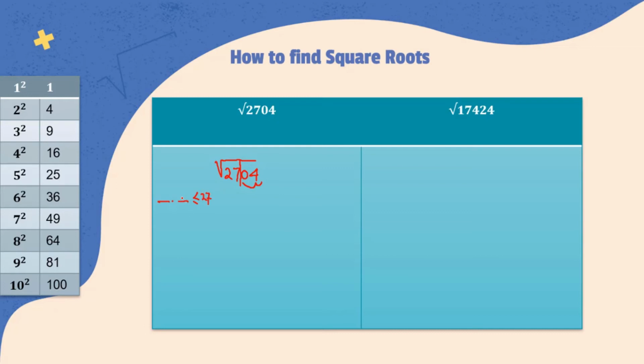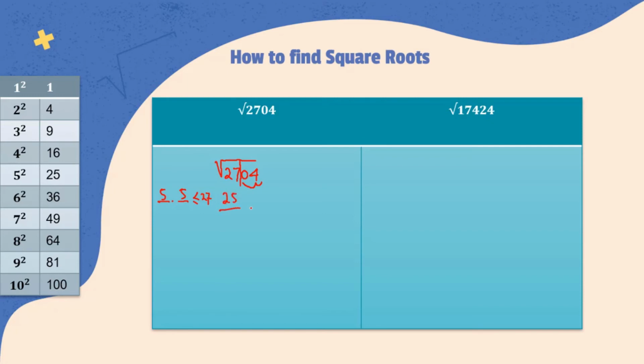What is the number from the perfect squares? It's 5, right? 5 times 5 is 25, which is less than 27. So 5 times 5 is 25.